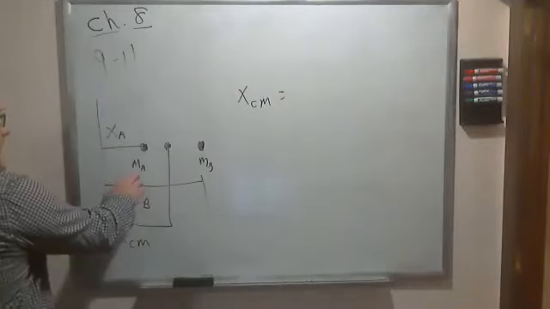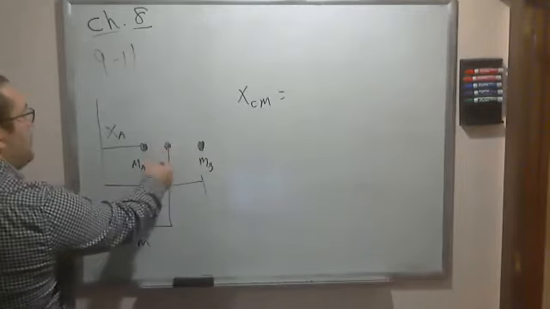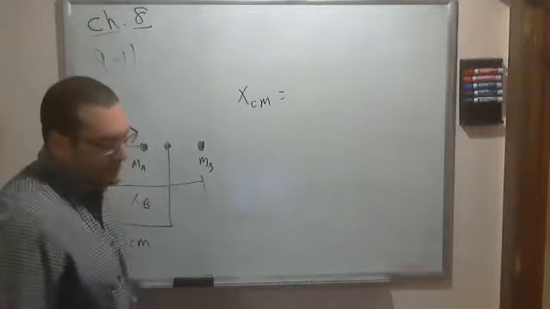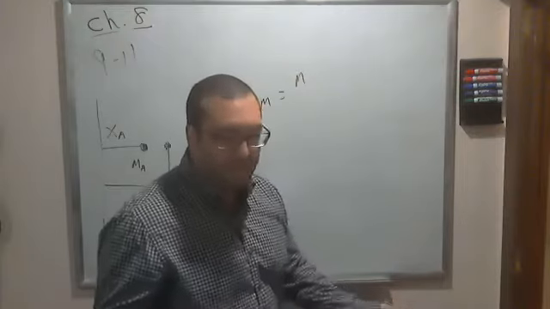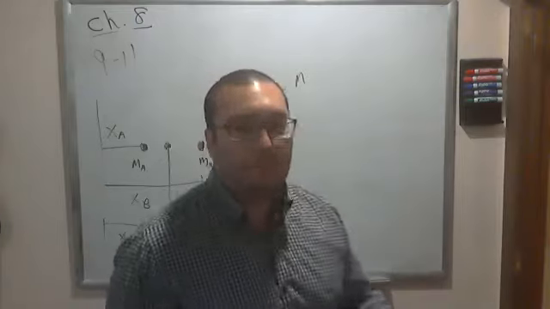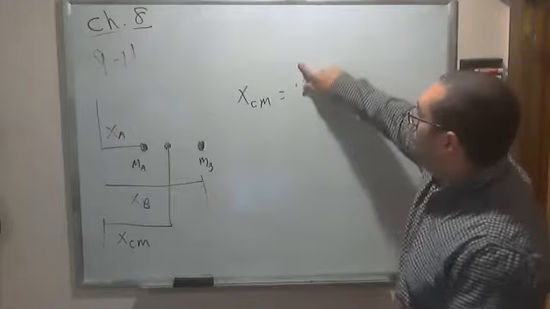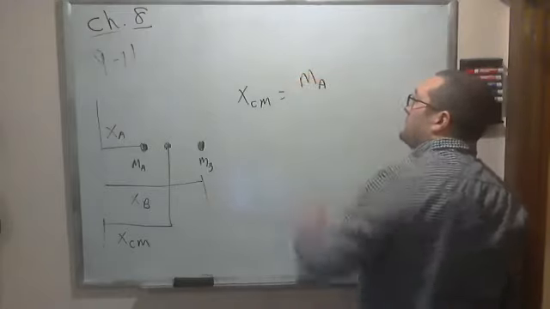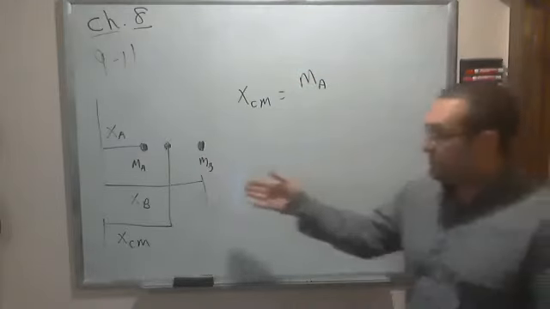So if MA is more massive than MB, this center of mass would be closer to MA. It's weighted by how much mass is there. By weighted, I mean that in terms of statistical analysis, where one quantity means more than the other. But this is where the term weighted actually comes from, right?